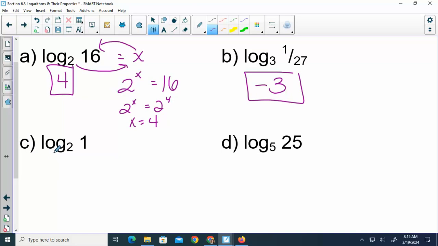C. Log base 2 of 1 means 2 to what power would equal 1? 0. And D. Log base 5 of 25 means 5 to what power equals 25?